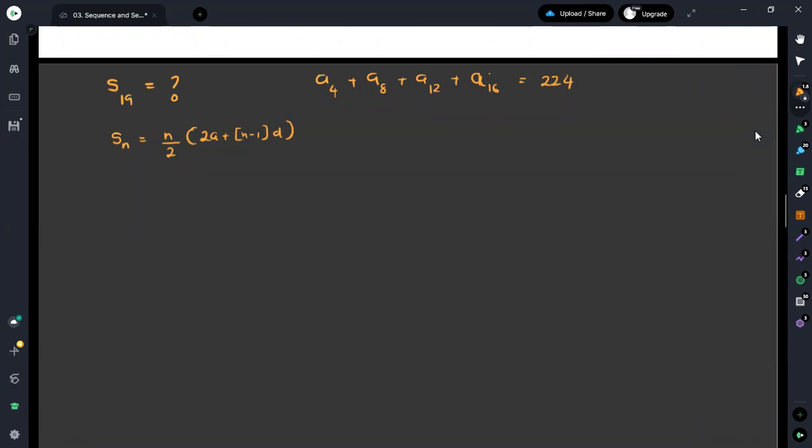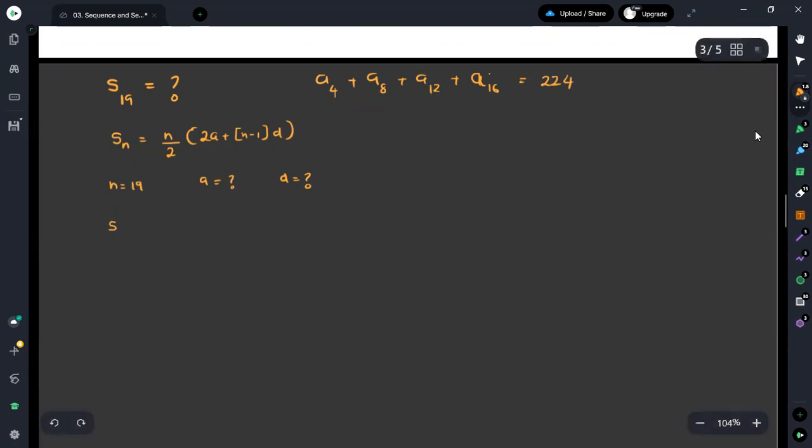But according to the question, we know that the value of n is equal to 19. Still, we do not know what is the value of A and what is the value of D. Therefore, we will keep these values as A and D without substituting any numeric value.